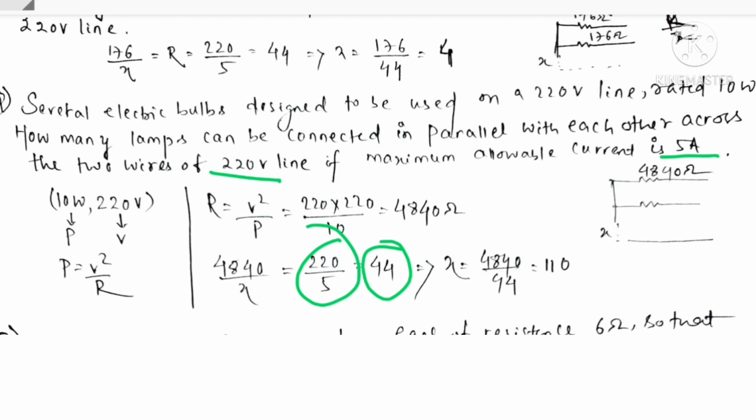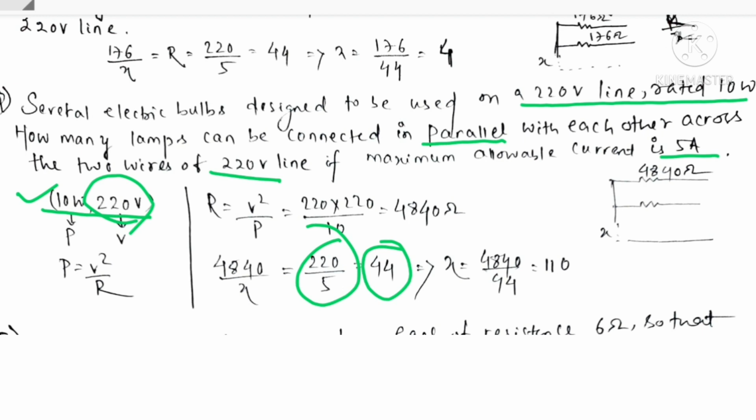Okay, now a combination of resistors in parallel. But what is the value of one resistor? The rating is given, 220 volt 10 watt. That means the company promised that when you connect this bulb with a 220 volt line, only then the power will be 10 watt.